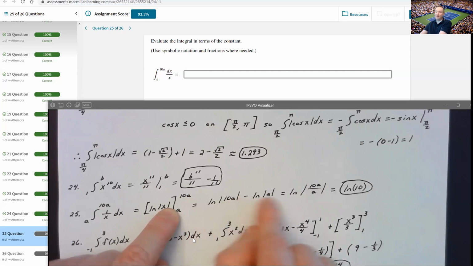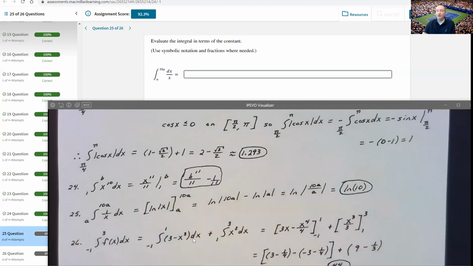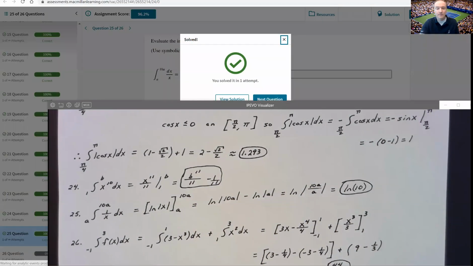Then you can say, well, I could condense these two down. Anytime I subtract, I divide. I'll have 10a over a. The a's eliminate, and you just have the natural log of 10. And for that, you don't even need an absolute value since 10 is automatically positive. I'll just say natural log 10 should be a good answer. And it likes it.